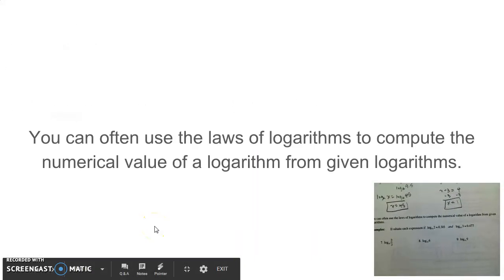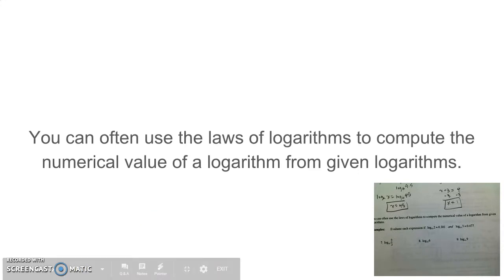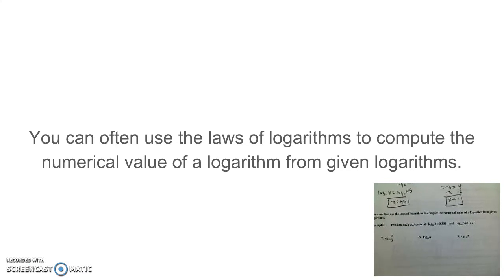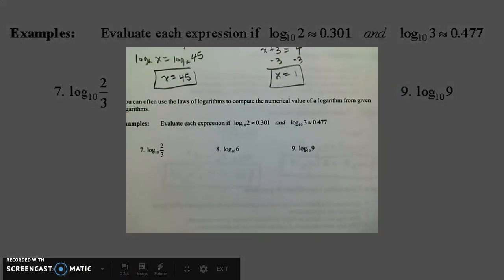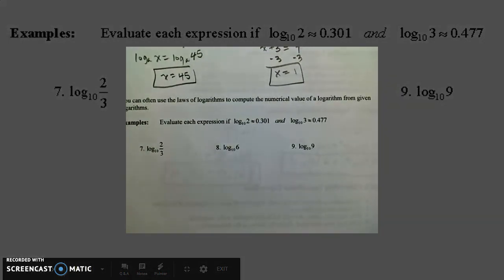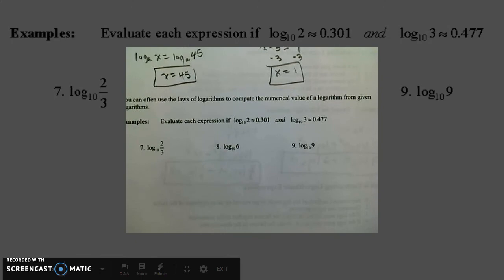Last thing we want to look at is these laws of logarithms to write down a numerical value for a log if we have a chance to expand or contract. So given these examples, and a log base 10 of 2 equal to 0.301, and the log base 10 of 3 equal to 0.477.